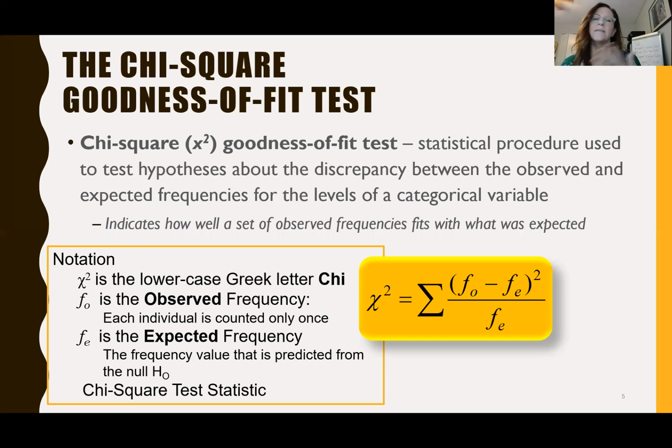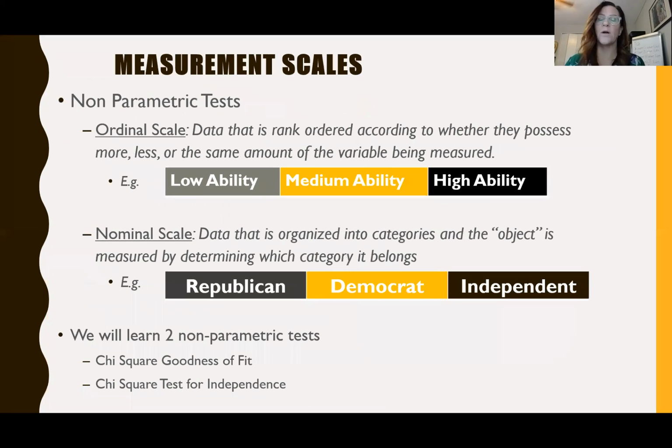So if I said in this class, I want to see if there is a difference in how many people feel as if they can calculate statistics appropriately, like the previous question: low ability, medium ability, high ability.